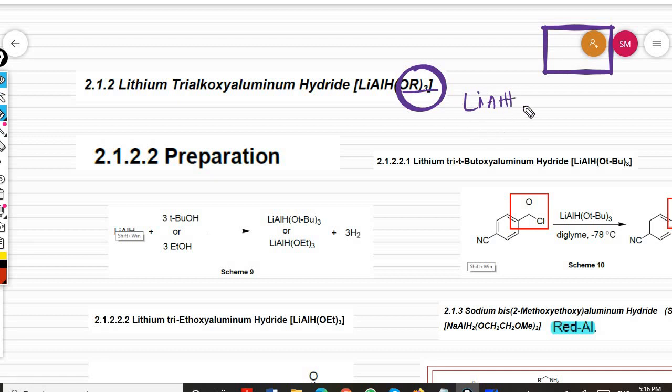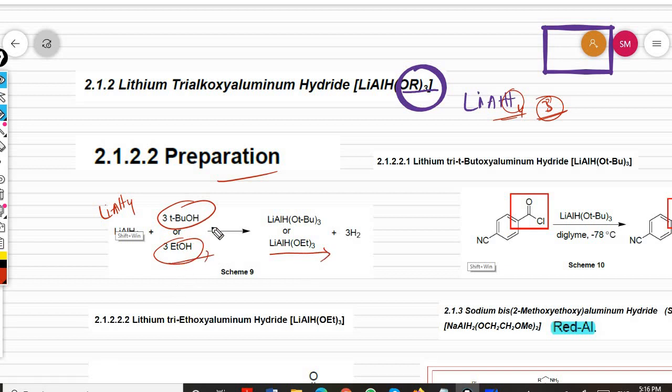Now, how to make that, replacing 3 out of 4 hydrogens. If you look at the preparation, lithium aluminum hydride is treated with 3 moles of alcohols. If you want to make triethoxy lithium aluminum hydride, you need to treat with 3 moles of ethyl alcohol.